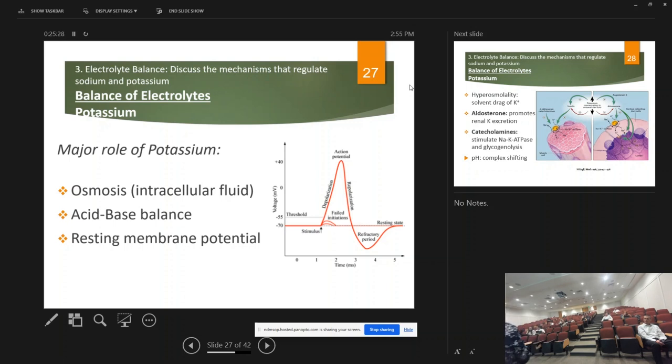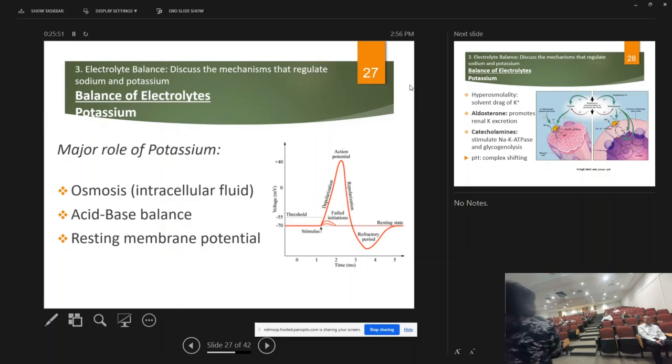All cells have a resting membrane potential, but does it matter for the kidney cells? Does it fire? Or does it change a lot? They are mostly negative.